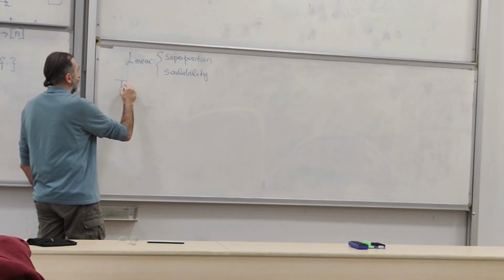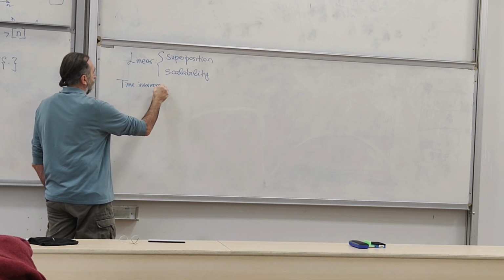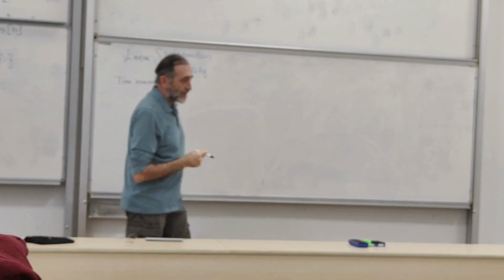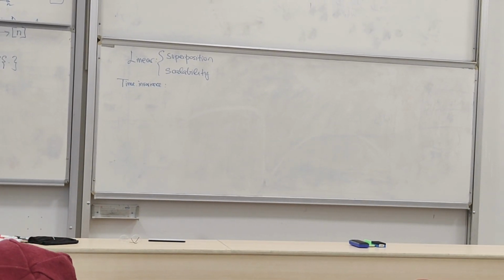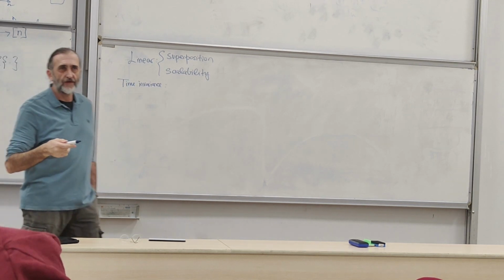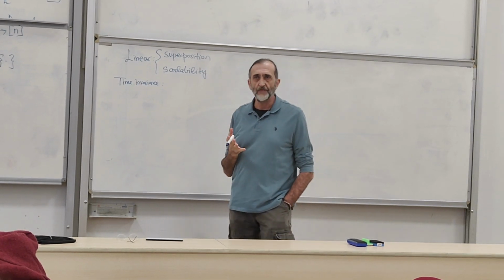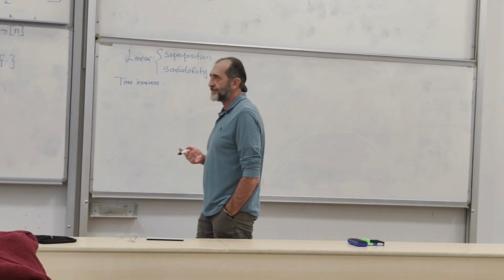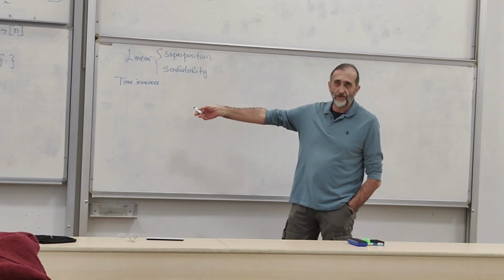Time invariance means if I give the system an input today, I get Y. If I give the same signal tomorrow to the same system, I also get Y. So its output doesn't change with time. It remains invariant. So if the system is linear and time invariant, then we can apply everything that I'm going to talk about today.